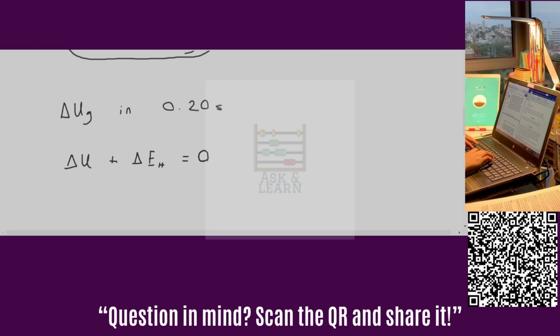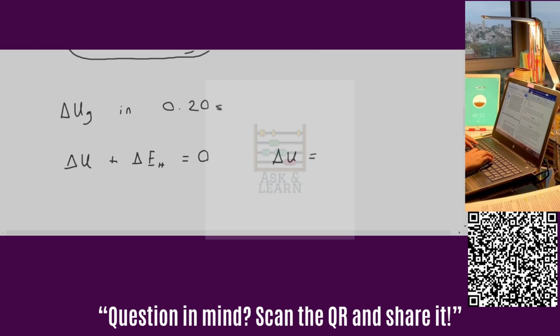Or since the change in our heat, initially we have no heat, right? And then we end up with some after the bar goes down a certain amount. We'll just end up with the fact that the change in potential energy is equal to the heat dissipation of our circuit here.